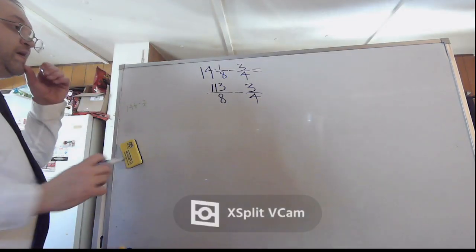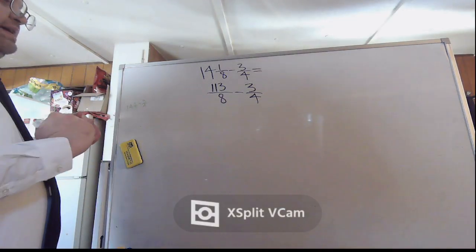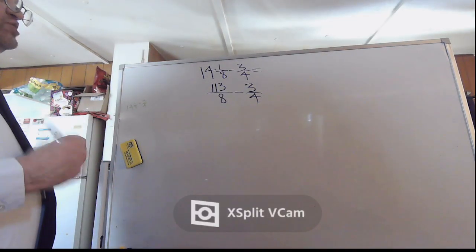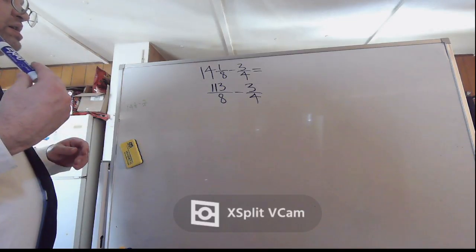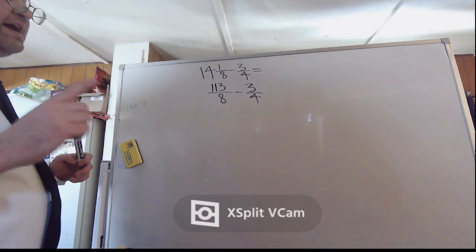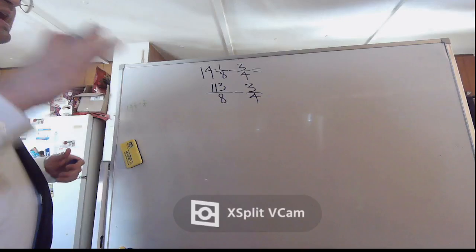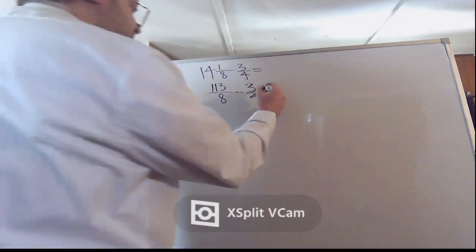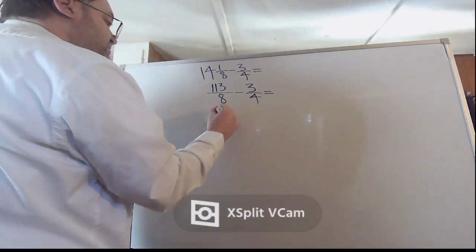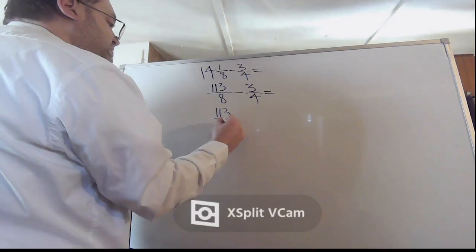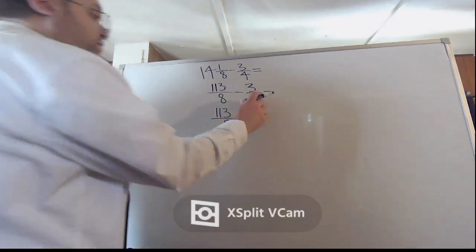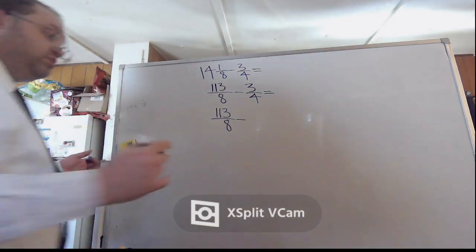Well, let's see here. We definitely have two fractions now. But 4 is a factor of 8, so that tells us that 8 is going to be our least common denominator. So we can leave the 113 eighths alone. But that 4 needs to become an 8, so we'll have to multiply by 2.